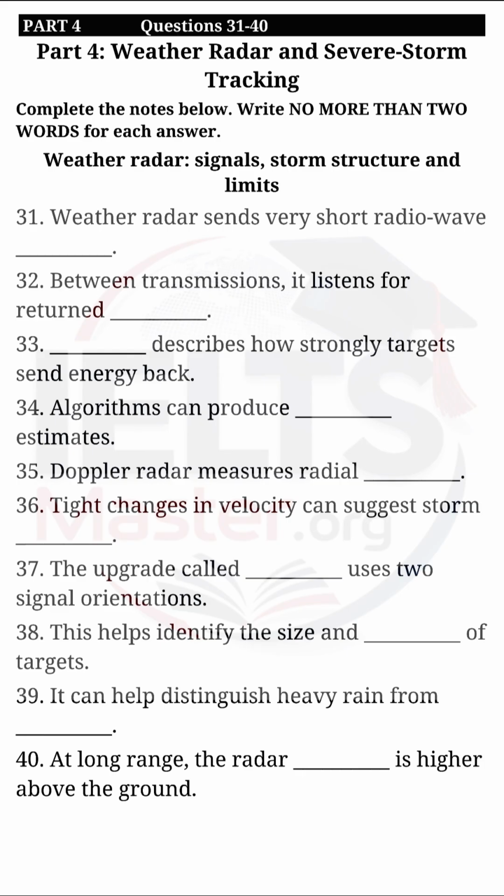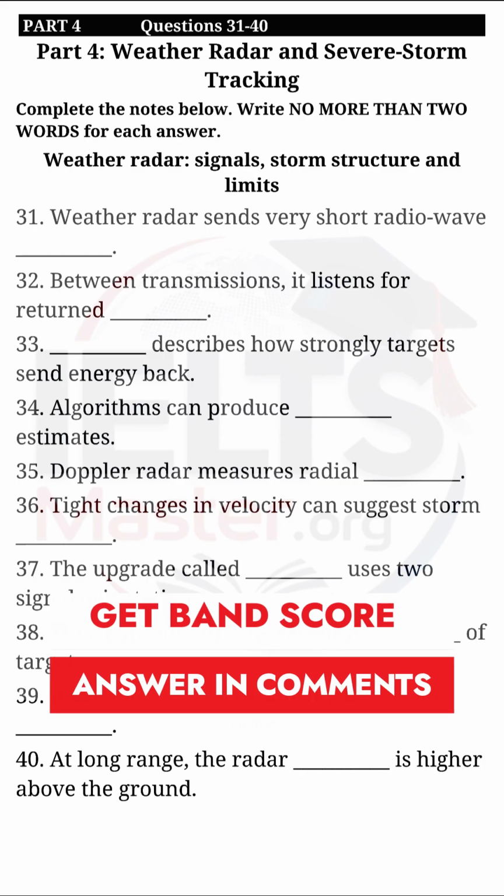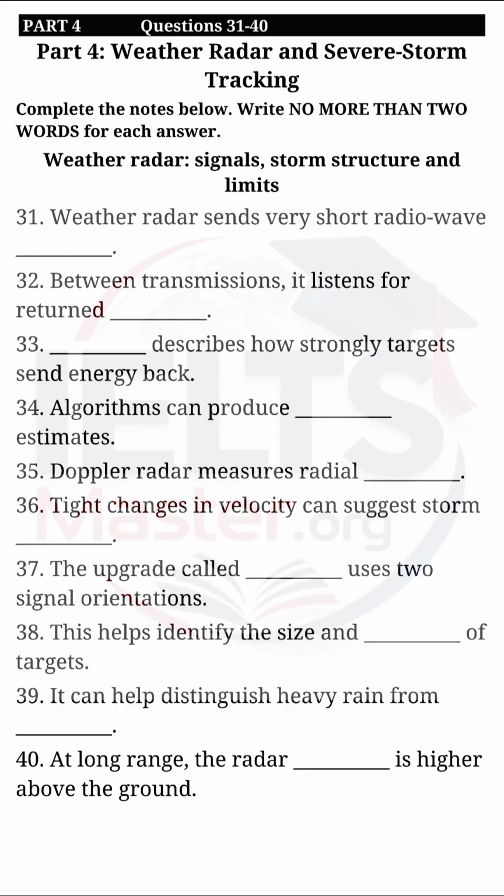A later upgrade is called dual polarization. Earlier radars mostly used one orientation of signal, while dual polarization uses both horizontal and vertical orientations. This helps forecasters identify the size and shape of targets. That distinction matters because two areas can look similar in reflectivity while containing different types of particles. A cluster of large, irregular targets may indicate hail, while a smoother pattern may indicate heavy rain.